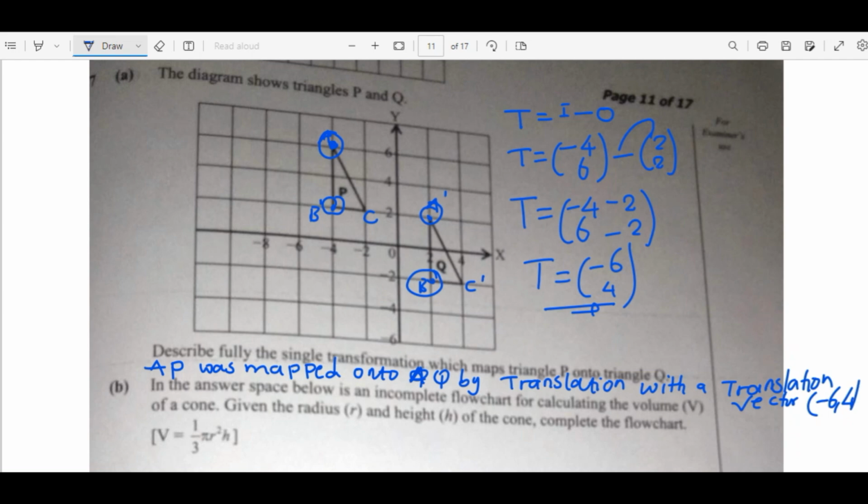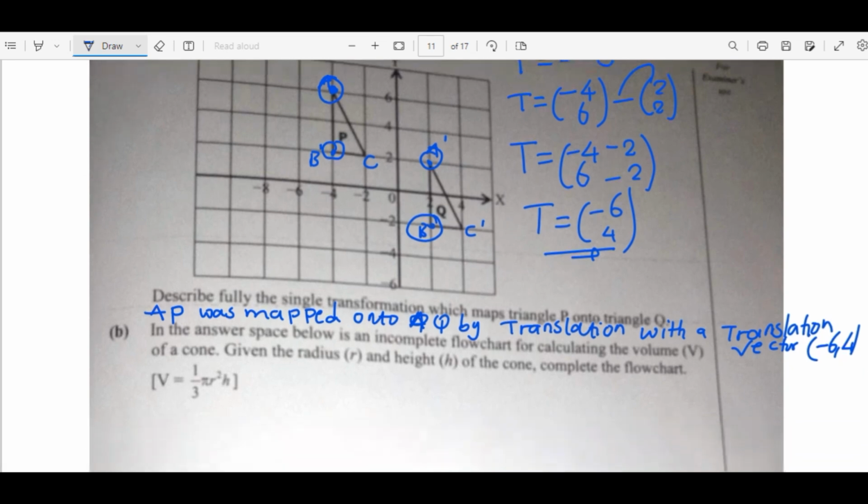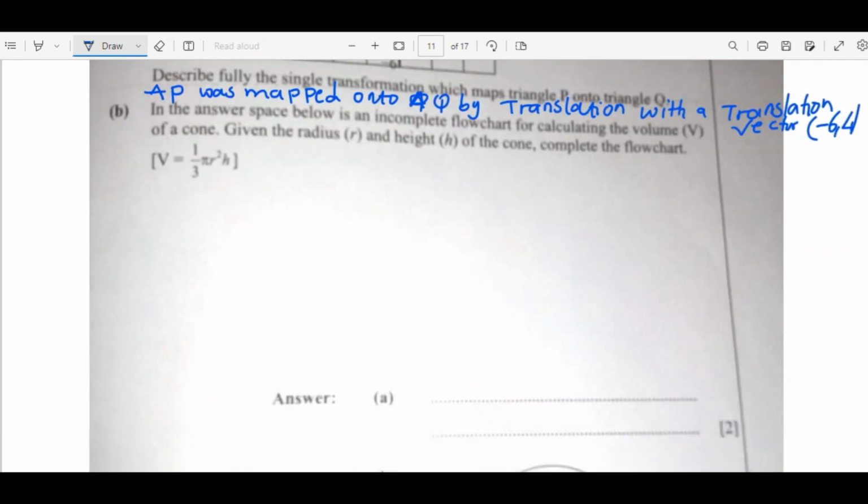To summarize, whenever you are trying to describe translation, remember to include the translation vector in your description. Now we can move on to question B.